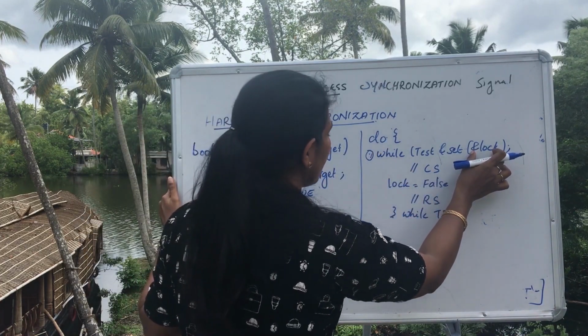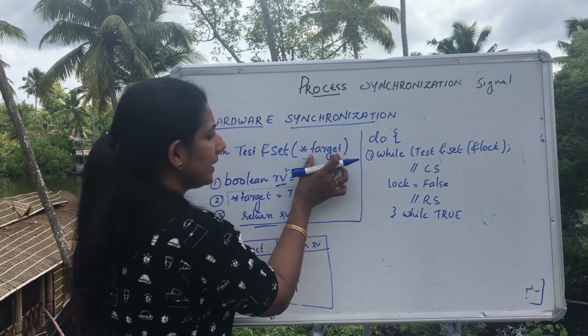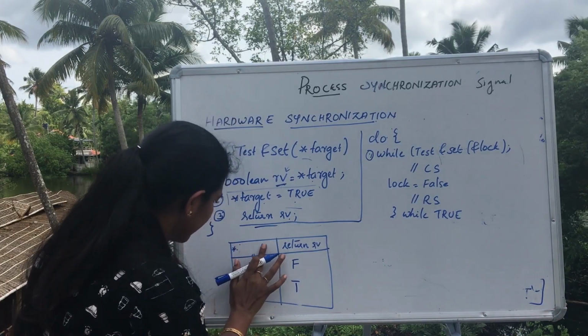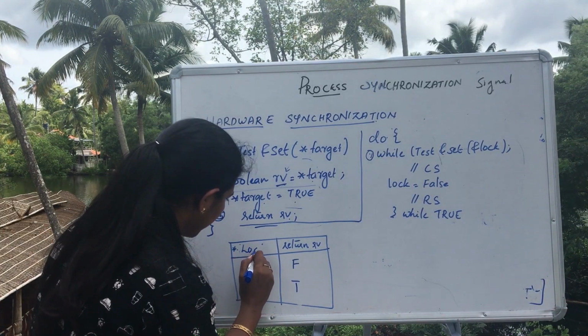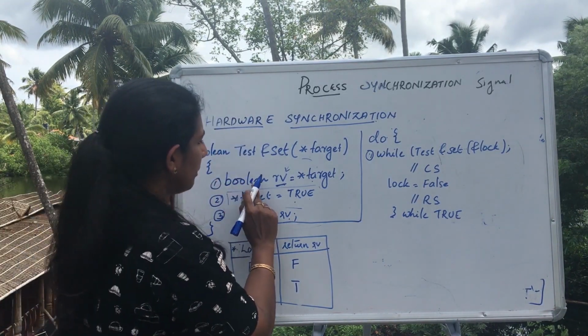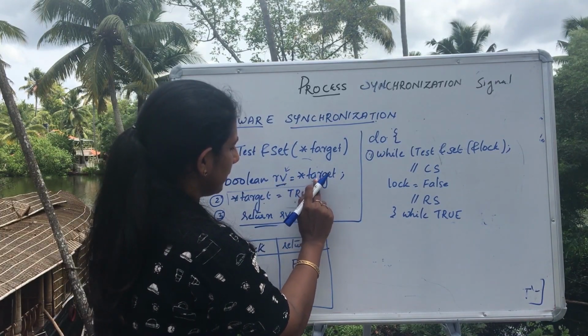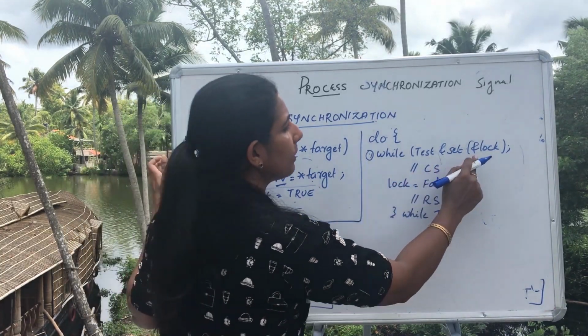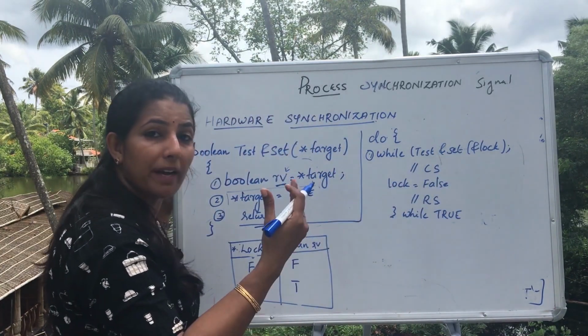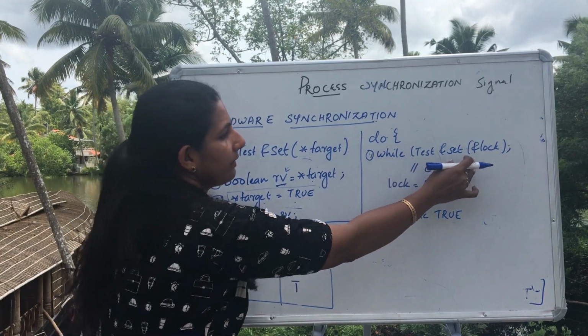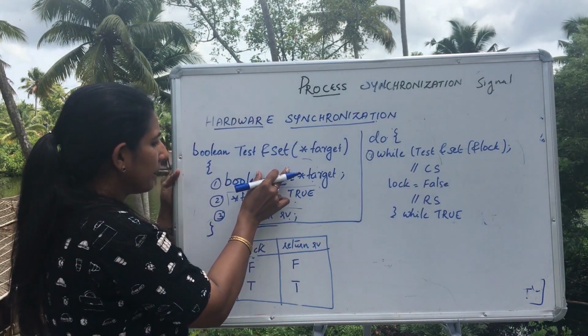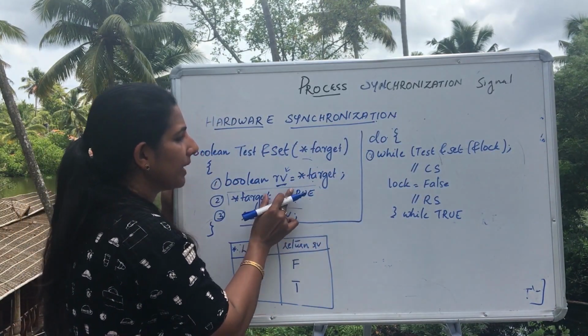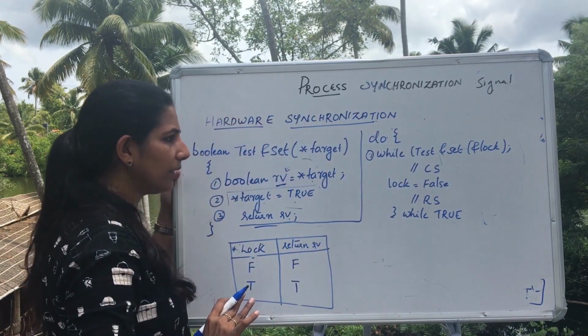That means the lock is nothing but the target value, so I'll replace the target with lock. And Boolean RV is pointer target. So whatever changes we have in the target value will be reflected on the lock. It is a pass by reference function. So whenever I am calling it with lock, it will call this particular function, and the modification made in the target will be reflected onto the lock.